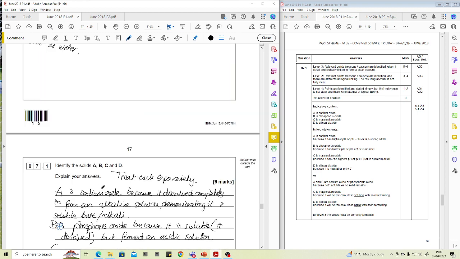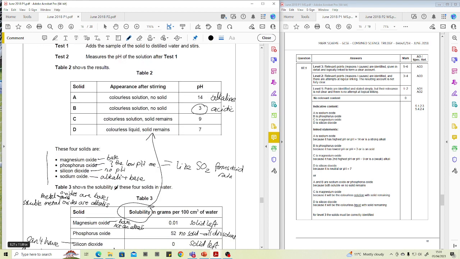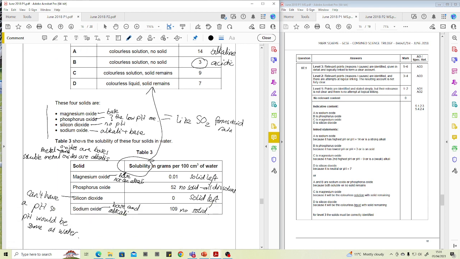C. It's a colourless solution but some solid remains. It didn't dissolve properly. So it could be magnesium oxide or silicon dioxide. Oh wait, it says solution. Some of it did dissolve, and then the pH did change, so this is the same as water, and it was just a liquid, it wasn't a solution.